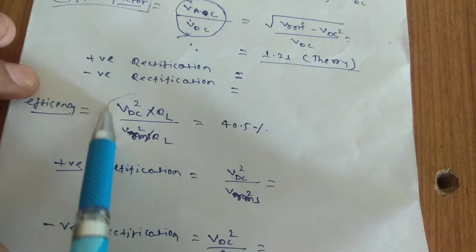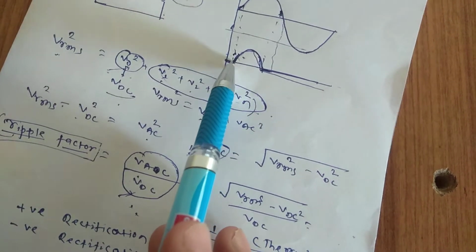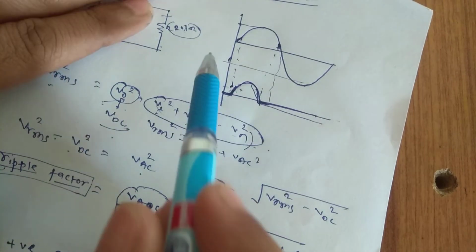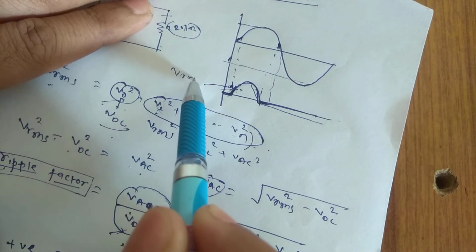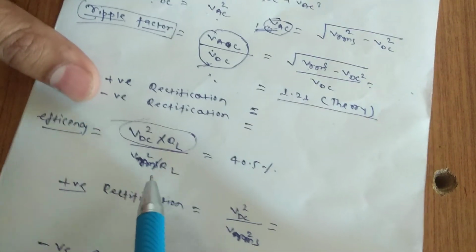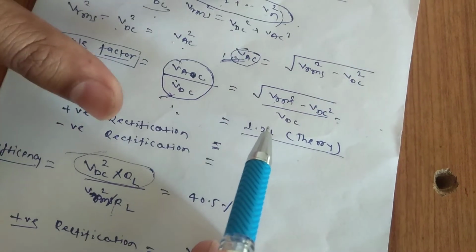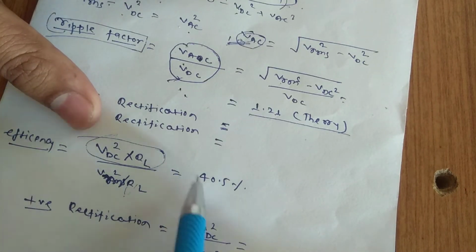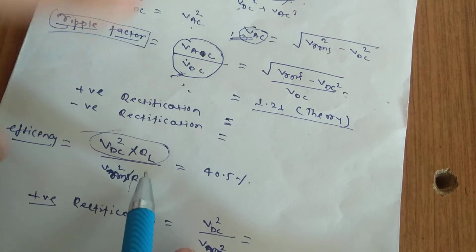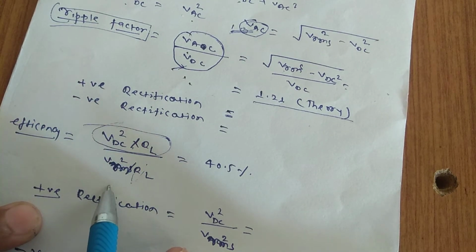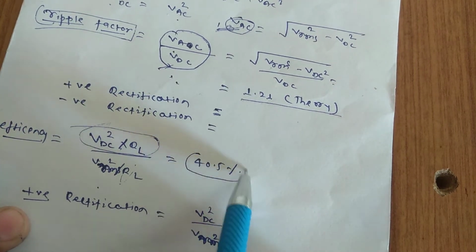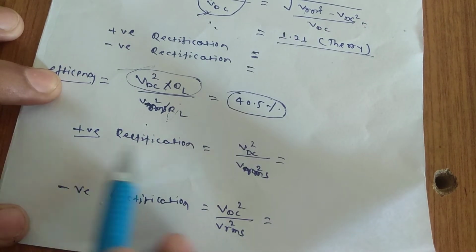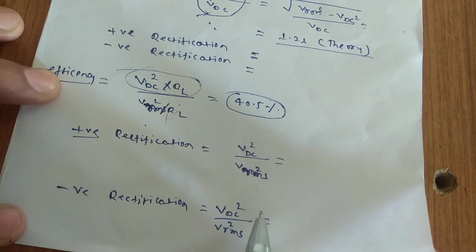This is the power that we wanted, but actually we are getting VRMS square by RL. So efficiency will be given by VDC square by VRMS square, which means efficiency is around 40.5%. Here also we are going to calculate for positive and negative rectification.